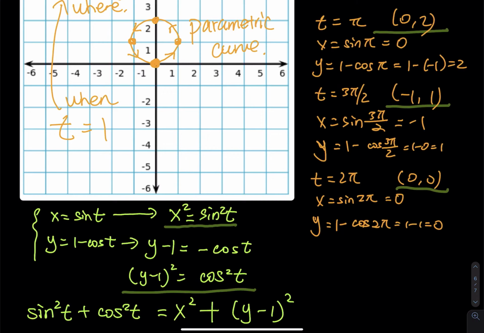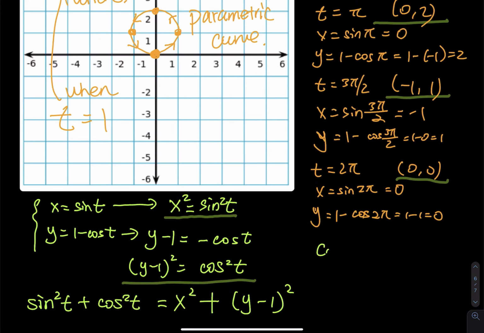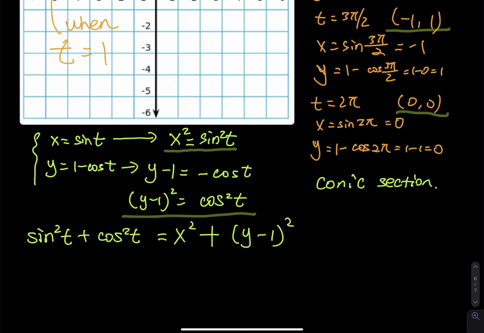Regarding the equation of a circle, you learned that in pre-calculus. It is called a conic section. You learn that in the conic sections. Remember the equations of a circle, ellipse, hyperbola, and parabola. If you don't remember that, go take a look.